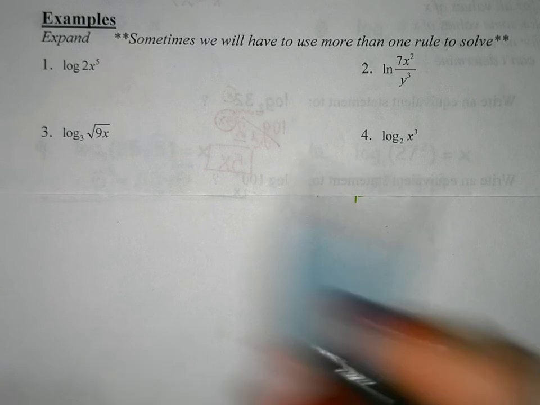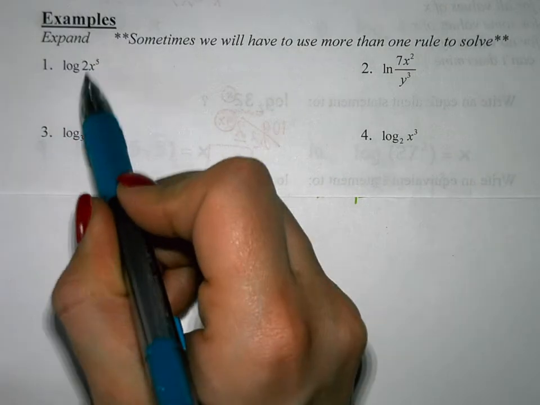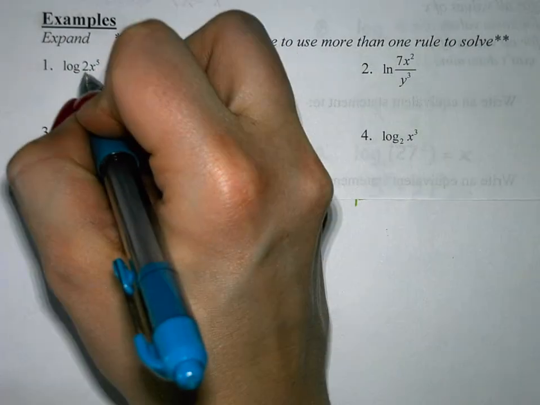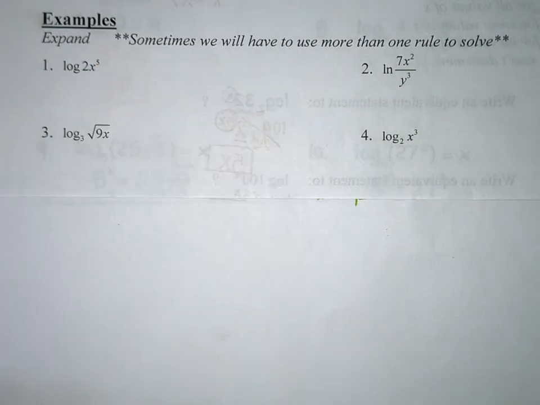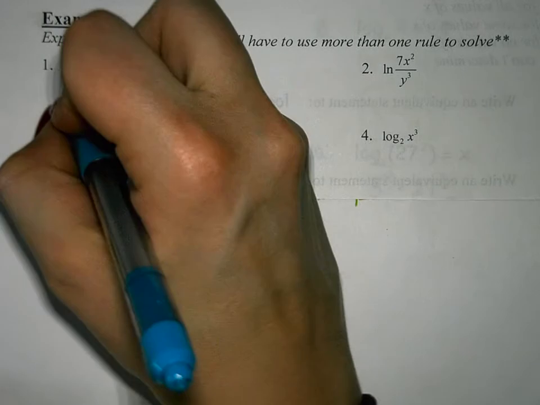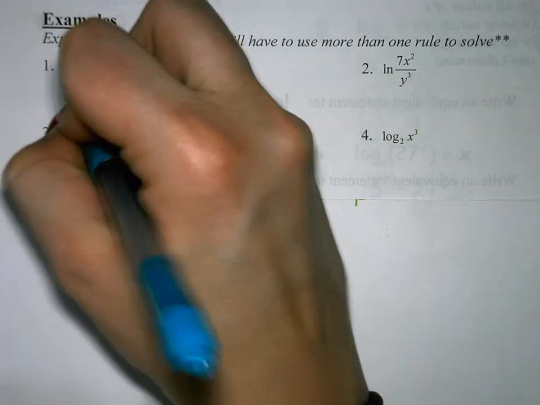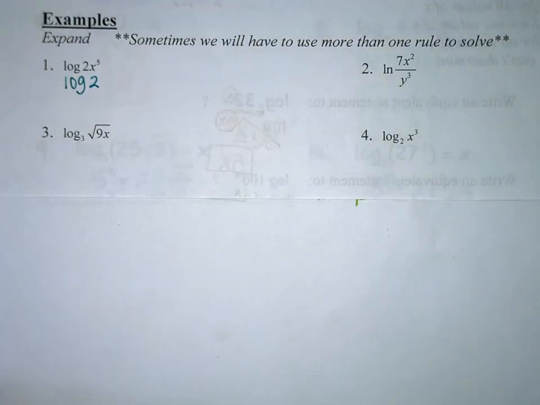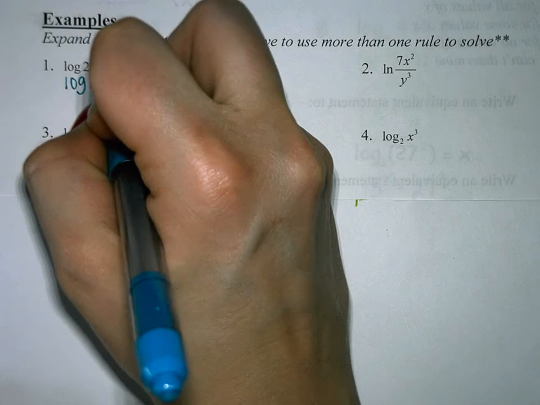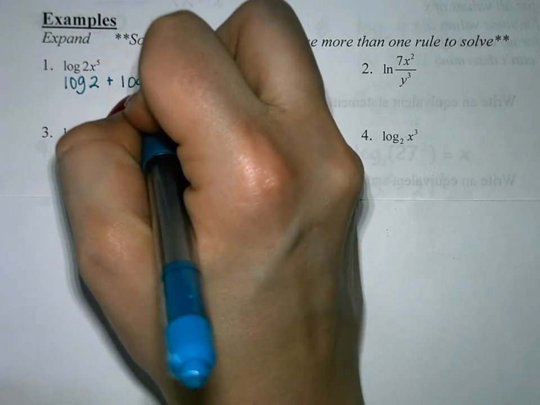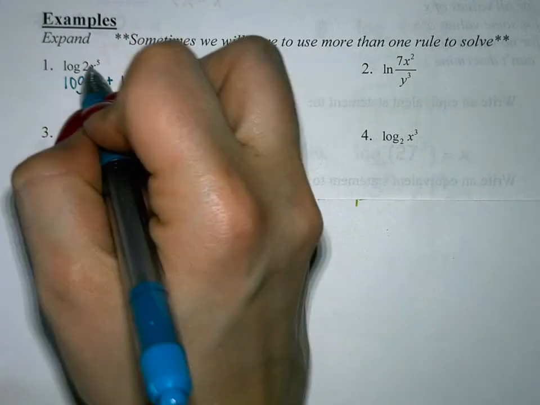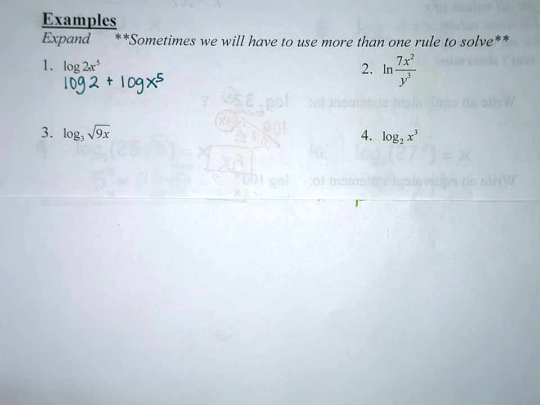So number 1, I have log of 2 times x to the 5th. The first thing that I notice is inside my log, I have 2 times x to the 5th. So that's a product rule. So the first thing I'm going to do is rewrite this as two different logs, log of 2 plus log of x to the 5th, because this is just two numbers being multiplied.